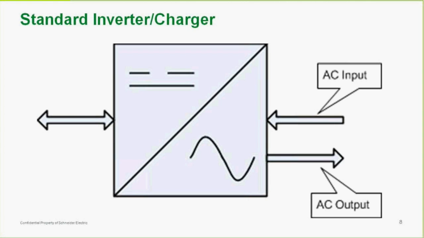The other direction here: if you have DC stored in the batteries, you can convert that to an AC output. So we call this an inverter charger. And this in your most basic form is how they work. AC input charges the batteries from a grid or a generator source. AC output goes to your loads.